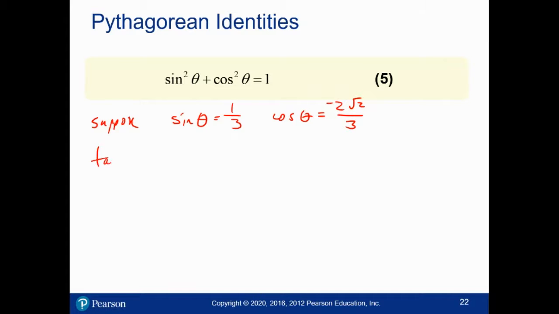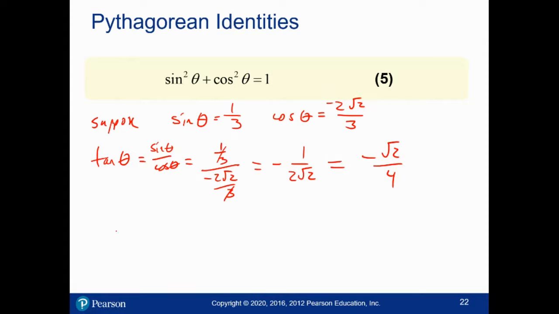So then, what's tangent theta? Well, tangent theta is sine over cosine, which is 1/3 over negative 2 root 2 over 3. The 3's cancel, and I get negative 1 over 2 root 2. I would leave it like this if you really don't want radicals in the denominator. You call this negative root 2 over 4.